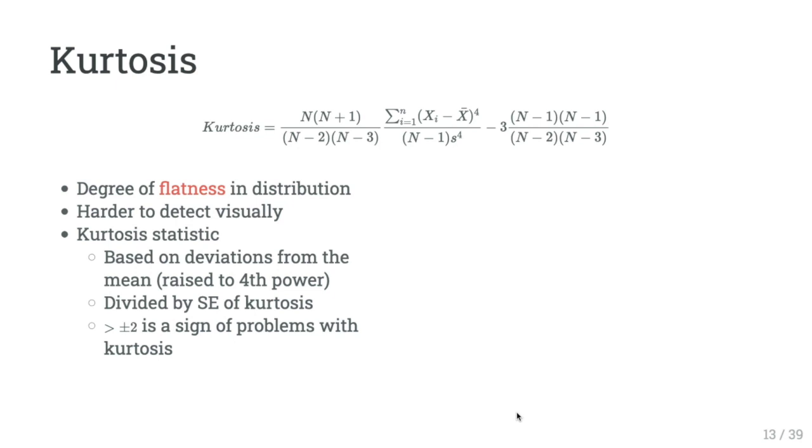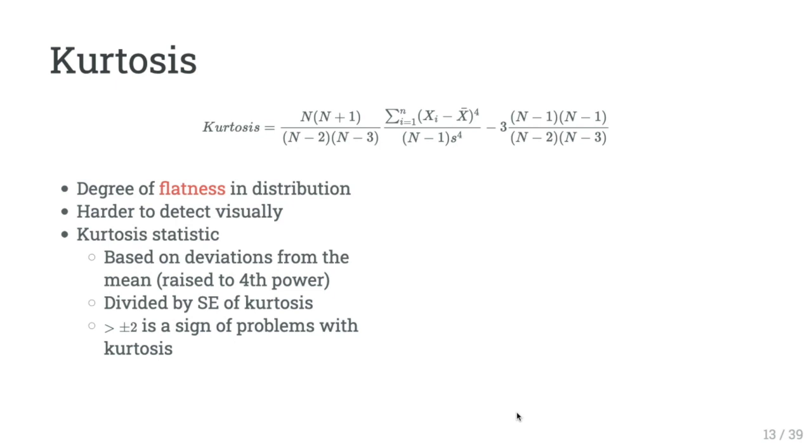Kurtosis, on the other hand, is a really lengthy calculation. It's not something you have to memorize. You don't need to memorize skew or kurtosis. What you need to remember is what it means. Kurtosis is the degree of flatness in a distribution. This one is a bit harder to detect visually, but still possible in some cases.